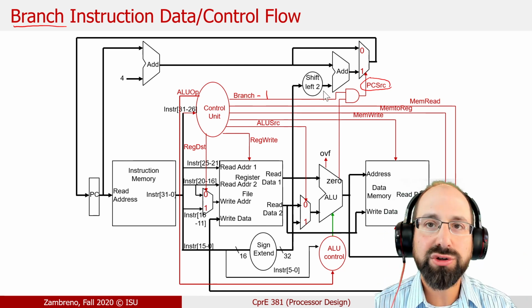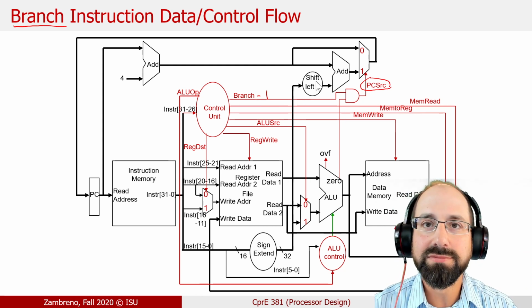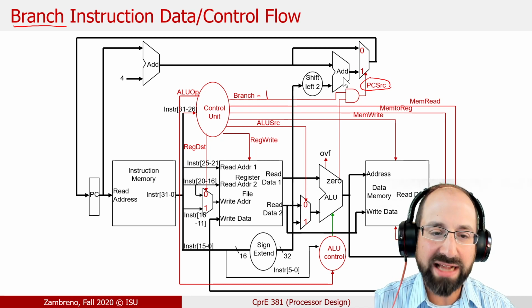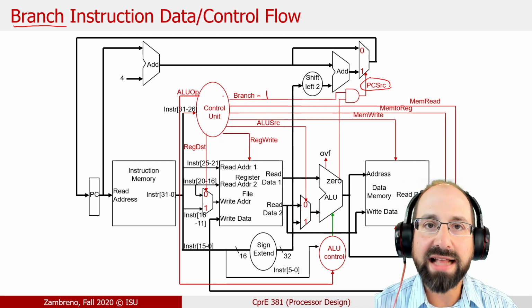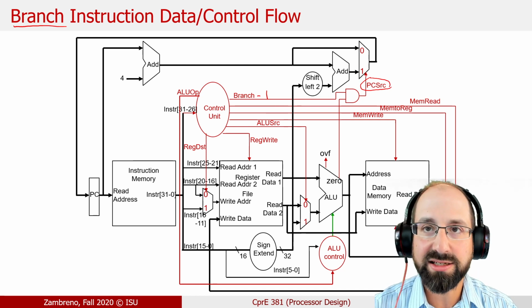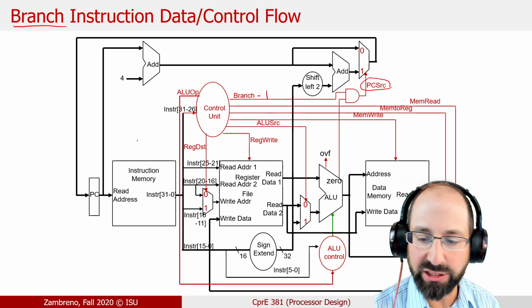The shift left 2 would be kind of the giveaway, to me at least, and only because I've taught this class before. But the shift left logical and added to the PC plus 4, that's our branch target offset. So that signal is corresponding to this mux that's determining whether to take that or to just take PC plus 4 as the next program counter. That's our conditional branch logic in our MIPS.